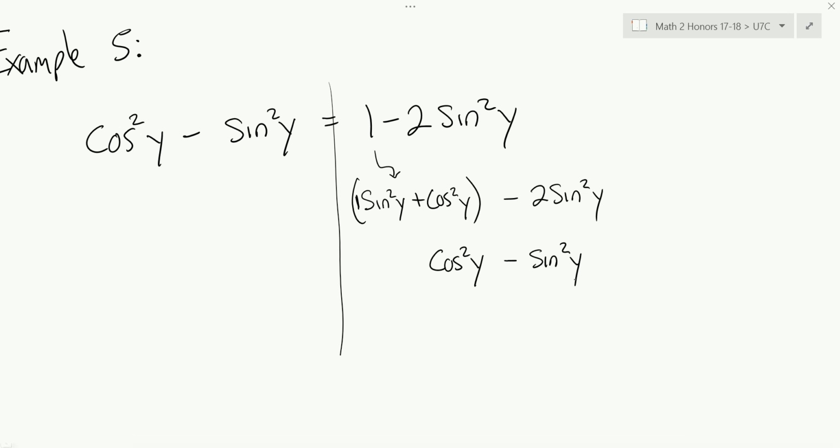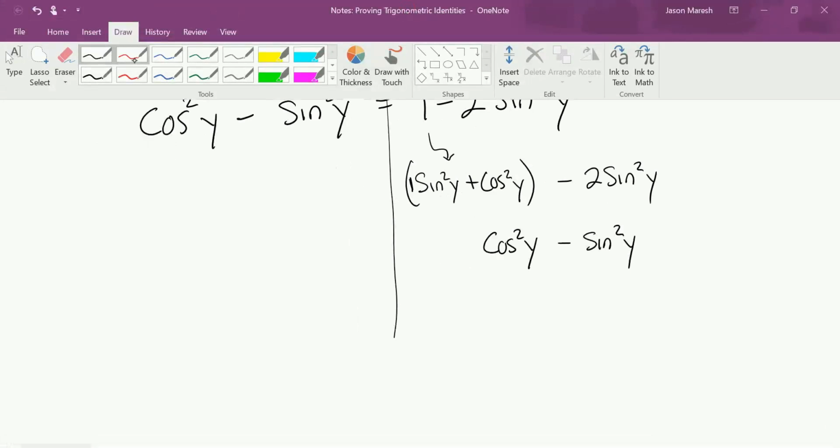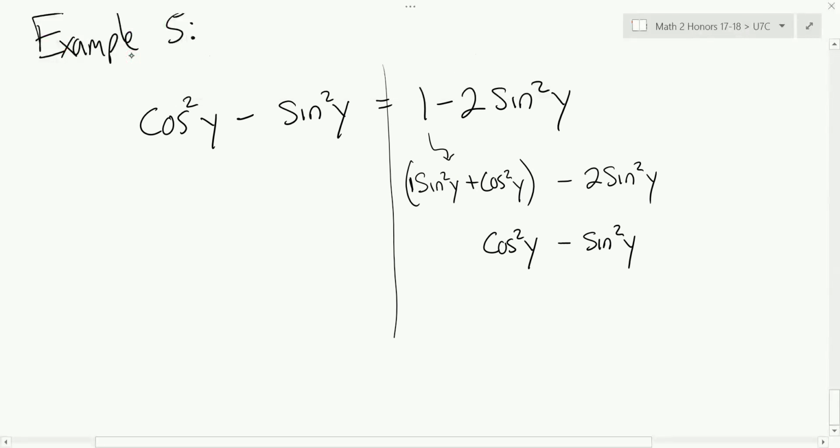Okay. Did anybody start on the left side? If we start on the left side, and you wanted to make it equal to the right side, you'd still ask the same question. Notice that the right side didn't have a cosine, right? So you'd have to change this cosine squared y into something that it's equal to using a Pythagorean identity.